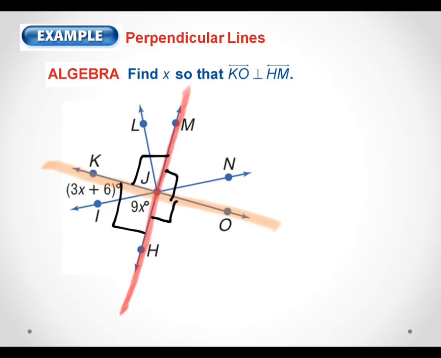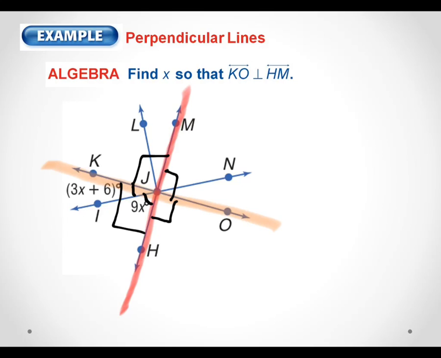Find out what X is. Well, I have this little piece of this angle and this little piece of this angle. And together, how many degrees are those angles? They're 90 because together these two pieces make up this whole right angle.